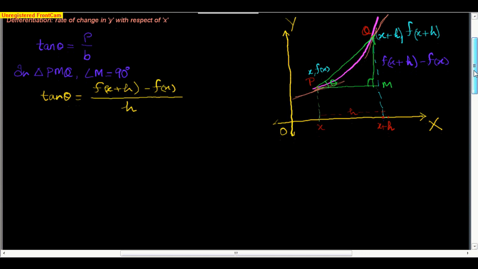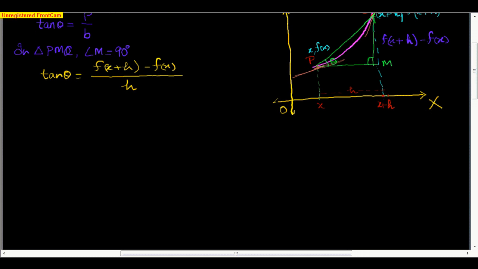we have to take the limit h tends to 0. If we take the limit h tends to 0, then it would be the differentiation of y with respect to x. dy upon dx is equal to limit h tends to 0 of f of x plus h minus f of x, upon h.